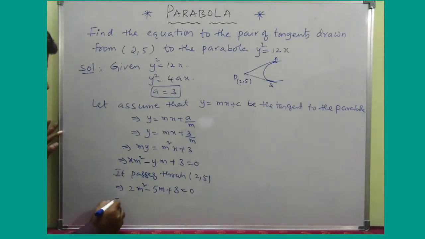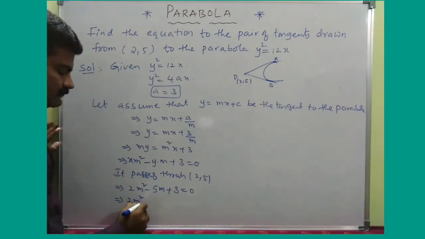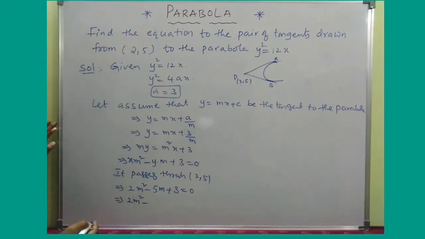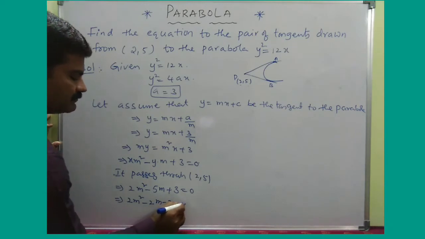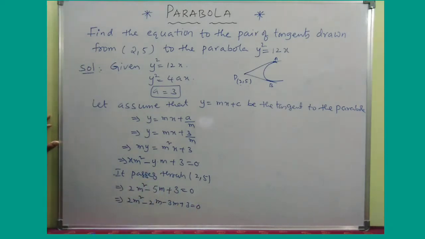What are the factors here? 2m square minus 2m minus 3m plus 3 is equal to 0. So clearly on adding we get minus 5m, and on multiplication we must get plus 6m square. Fine. And now what can we take common? If you take 2m common here, then m minus 1.